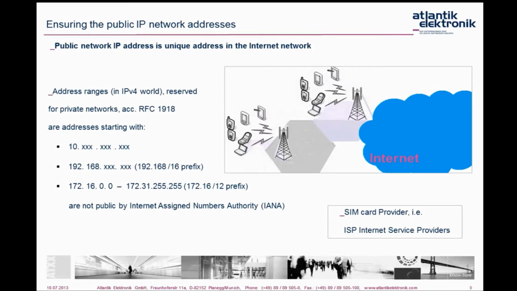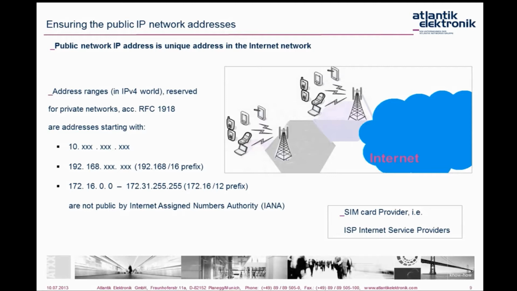There is an agreement about which addresses are to be used as private. The private IP address ranges reserved for private networks, according to Request for Comments RFC 1918 and referring to the IPv4 world, are those addresses starting with the following numbers as presented on the slide.